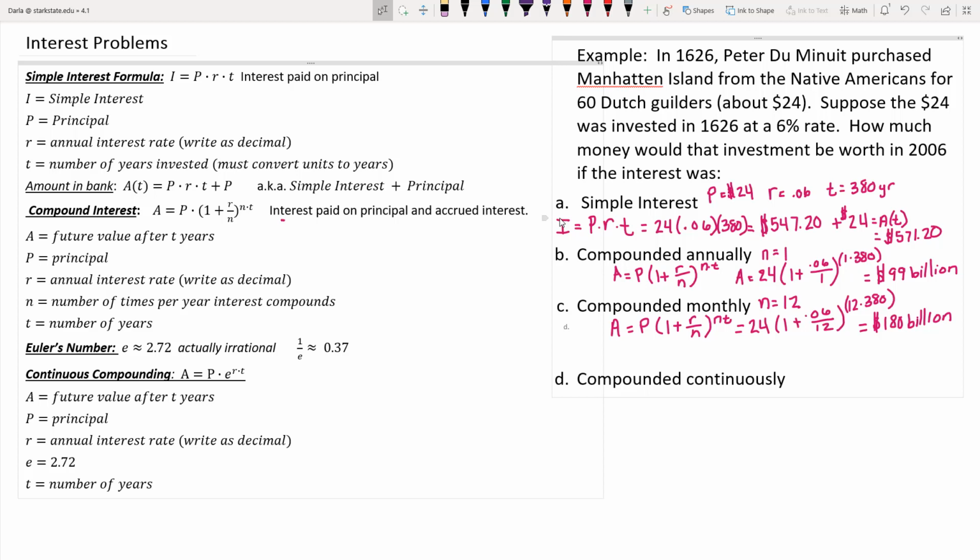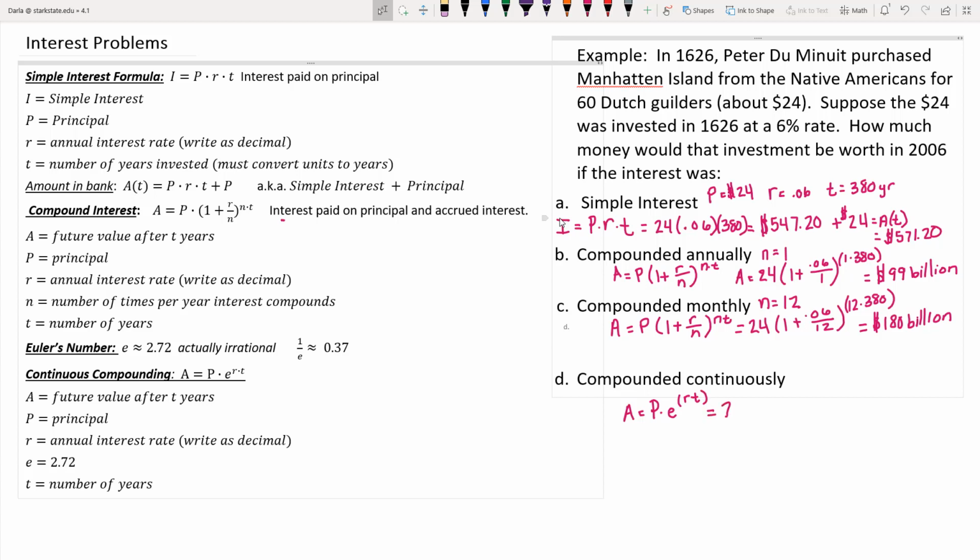Almost double, not quite. If we compound continuously, so that means we're compounding over and over and over again indefinitely, what does our result approach? We have to use the formula I call PERT. So principal times e raised to the rt power.